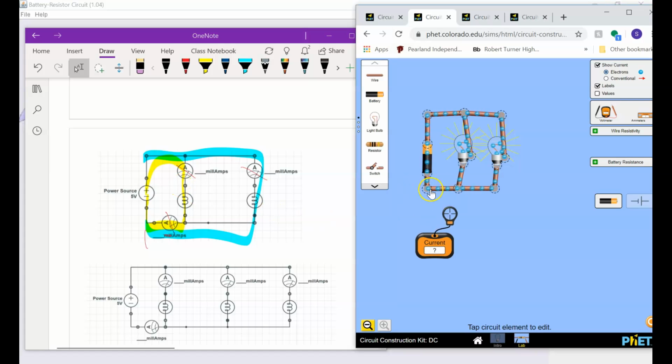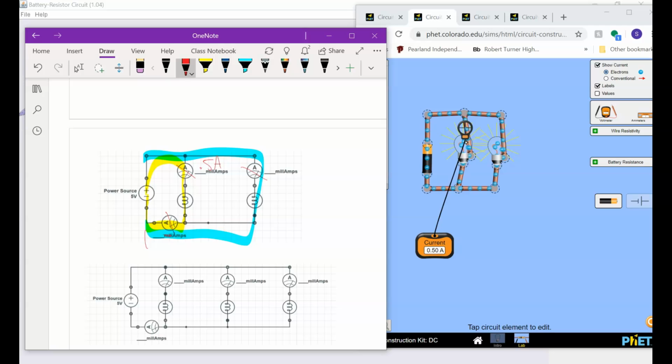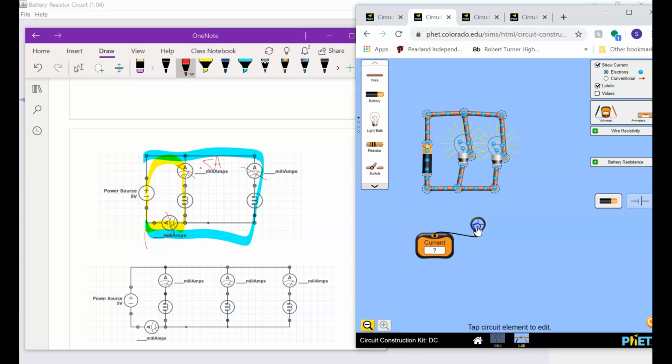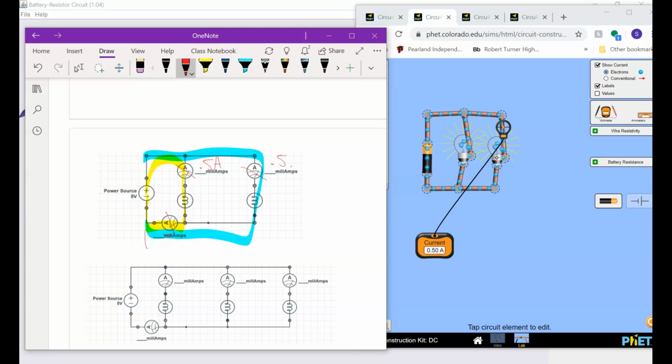So if we look at it from here to there, how does the flow look? And to me, it looks like it's going slower here than here, so I would expect a smaller number. And I get 0.5 amps. On this side, okay, I get 0.5 amps as well. Okay. And so there you go.